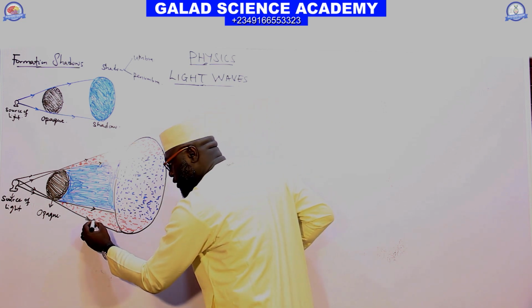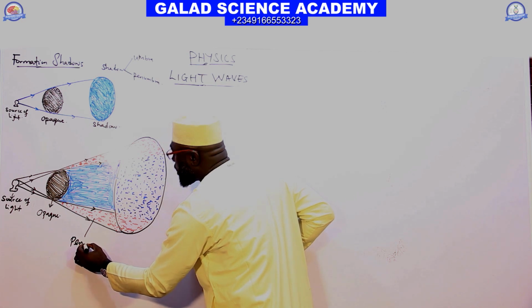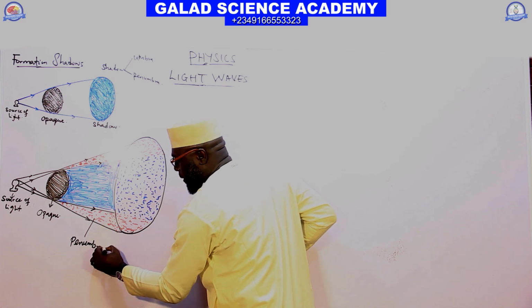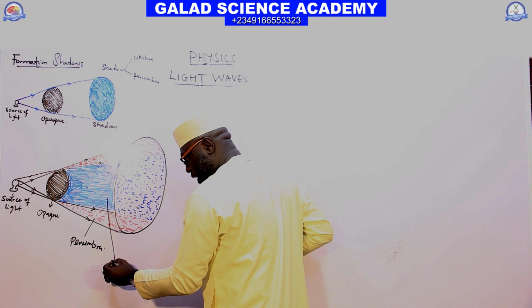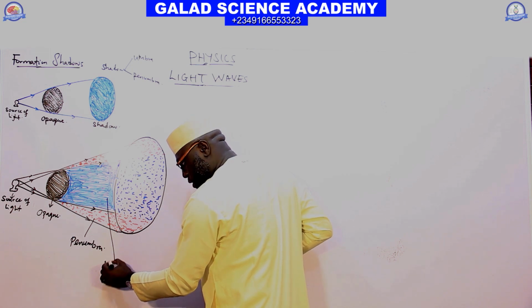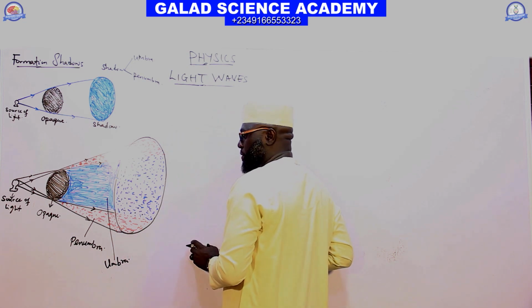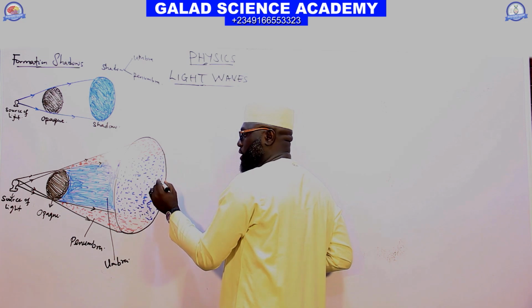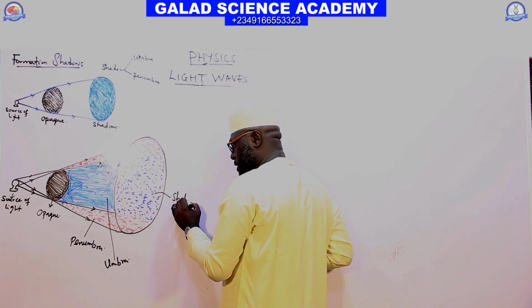This region here we call penumbra, and this inner region here we call umbra. And this is what we call the shadow.